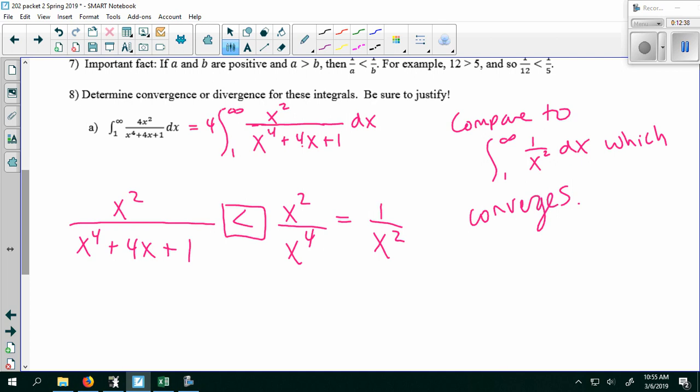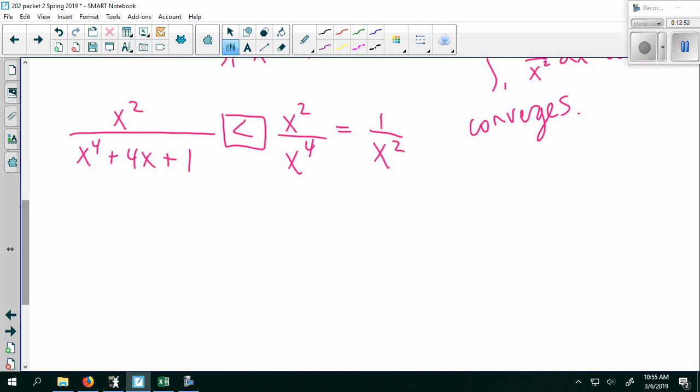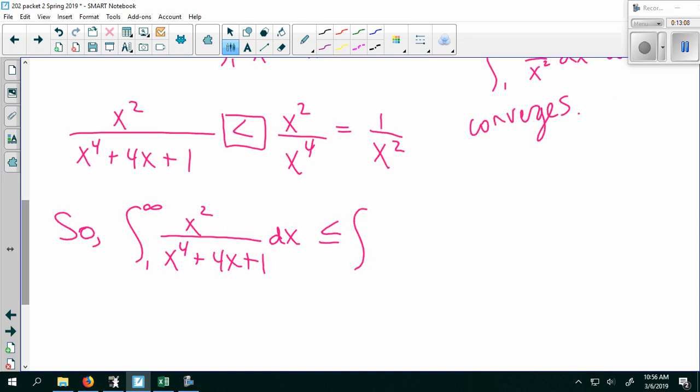Okay. So my integrand is smaller than an integrand that converges on the same interval. So my integral is also going to converge. So I should write out a final sentence here. The integral from 1 to infinity of x squared over x to the fourth plus 4x plus 1 dx is smaller than the integral from 1 to infinity of 1 over x squared dx, which converges.